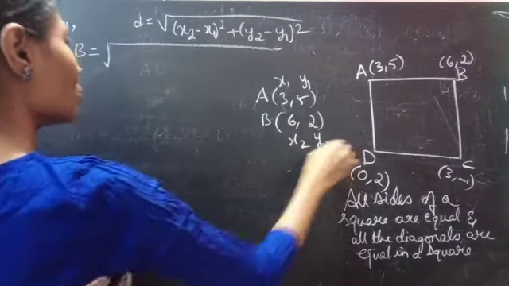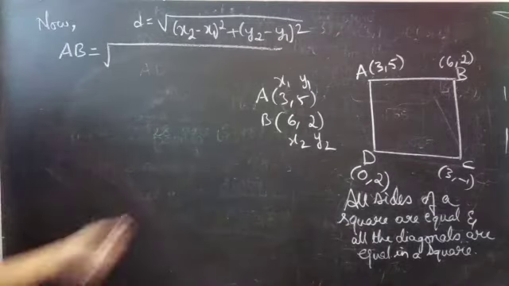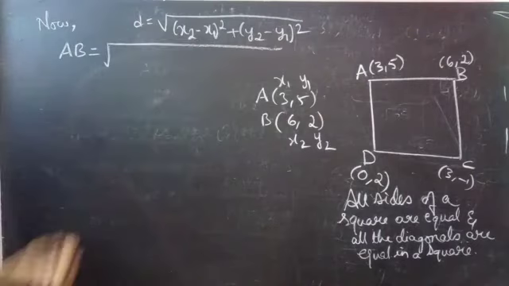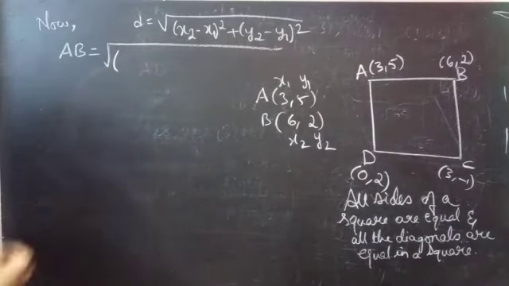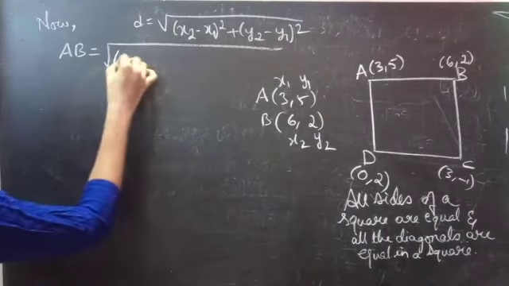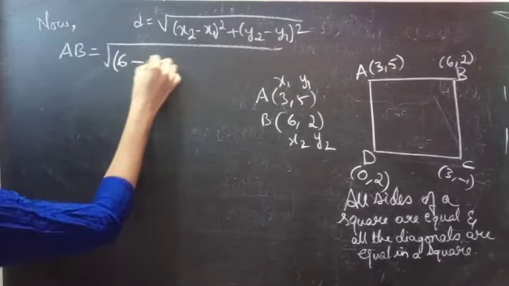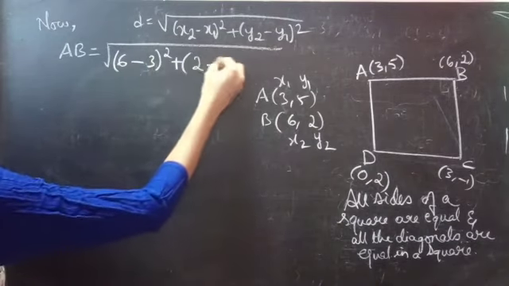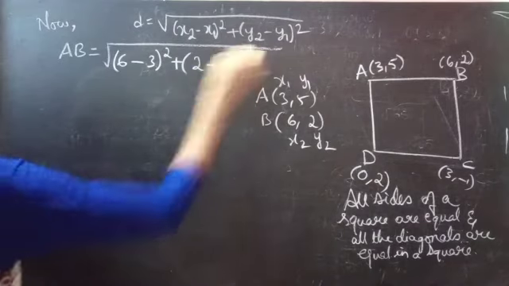So now substitute the values of x1, y1 and x2, y2 in this formula. So you're having x2 6 minus x1 3 whole square plus y2 2 minus y1 5 whole square.